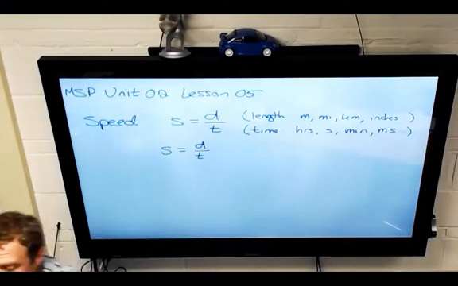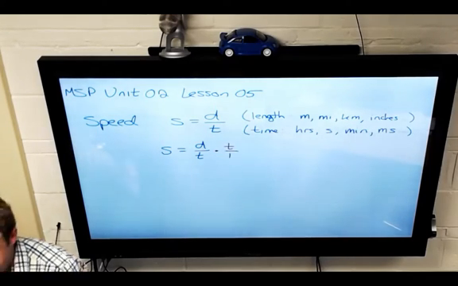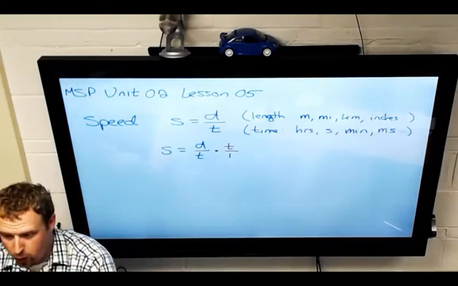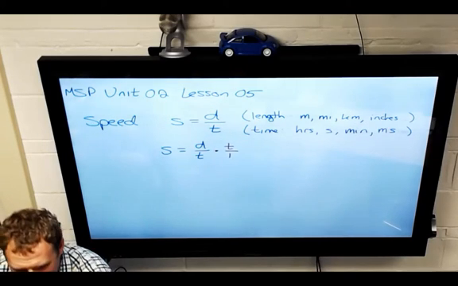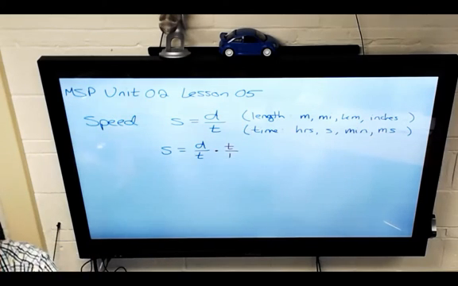I would multiply by T. Let me go ahead and do this in red. And because it's a fraction, I'm going to do T over 1. I can do that. Anything can be written over 1.